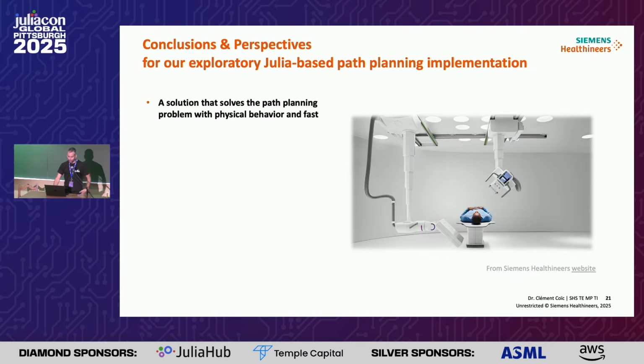I thought I would run out of time, but I'm actually good. So the conclusion is straightforward, but in terms of perspective, I put it small because I'm not so proud of it, but I have to solve my bugs. And all the animations you've seen are not in Julia, so I need to update that. But basically, I want to try transitioning to the Dyad language for the model itself.